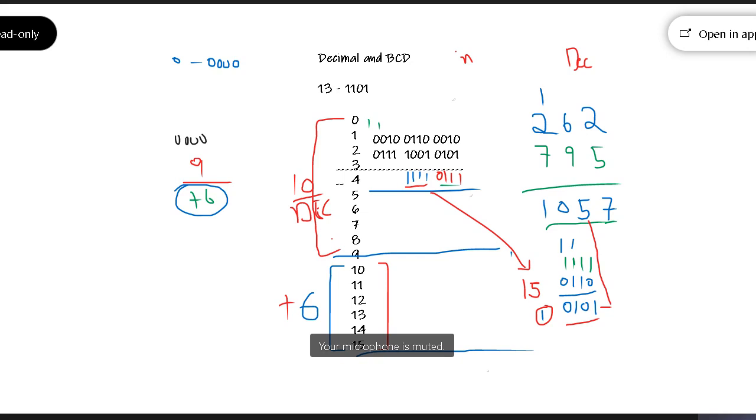Yes. So you'll write it as 0, 1, 0, 1. This as usual you'll write as 0, 1, 1, 1. You're getting it now?